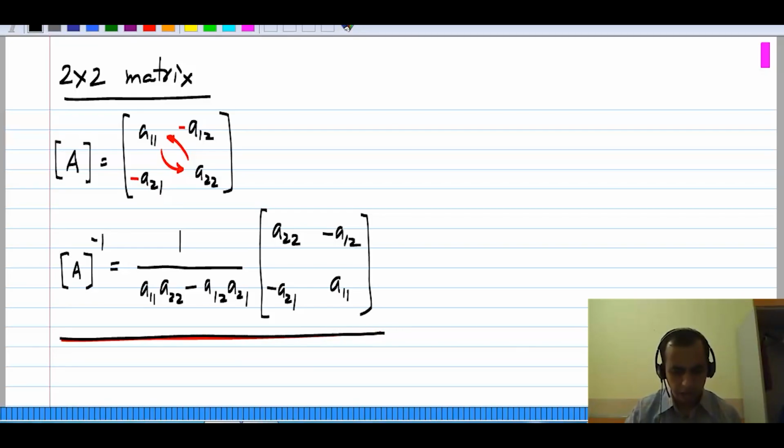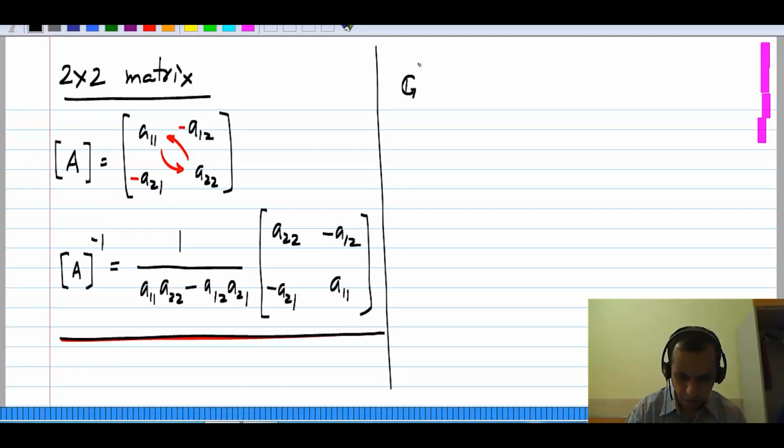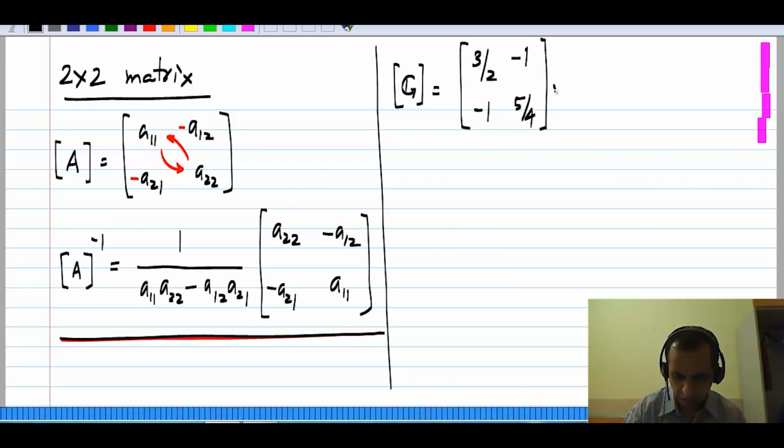We had a G matrix which was 3 by 2, minus 1, 5 by 4 millisiemens.